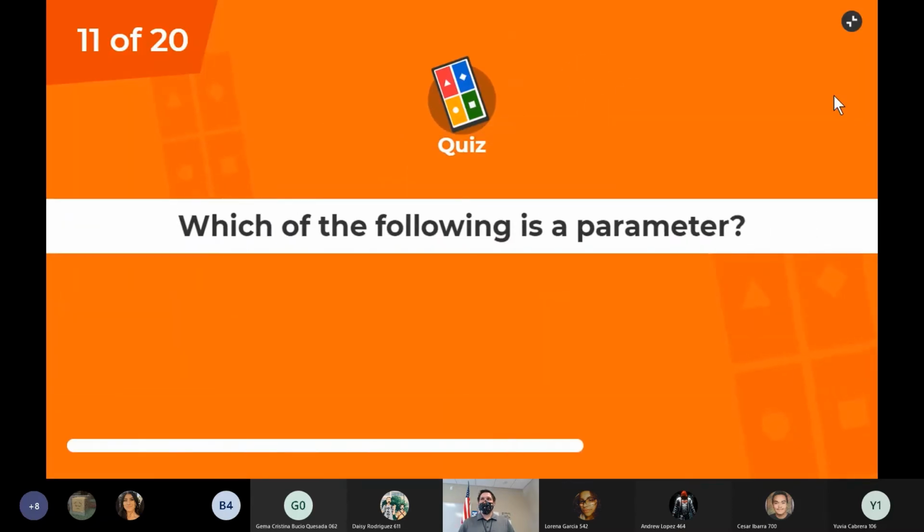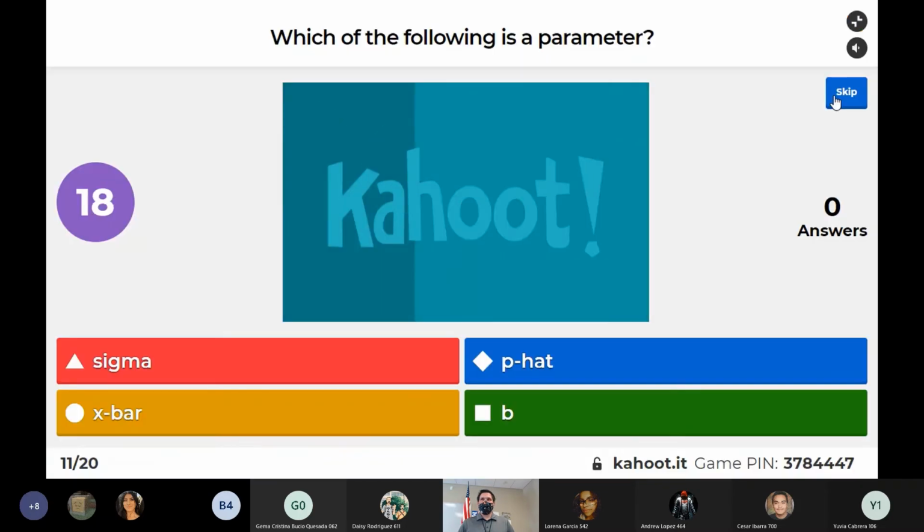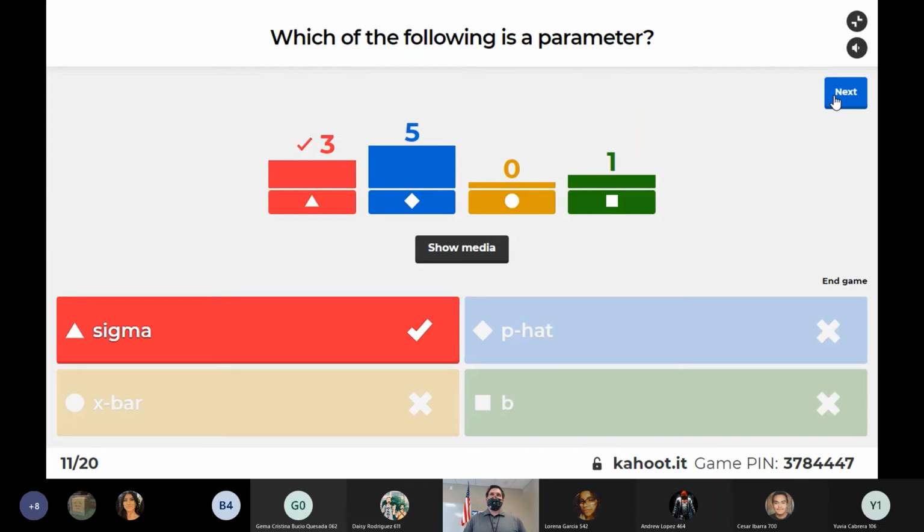Which of the following is a parameter? Remember, in this course, we have parameters and statistics. One refers to a population and one refers to a sample. Which of these things refers to the population? All right, and the solution is sigma.